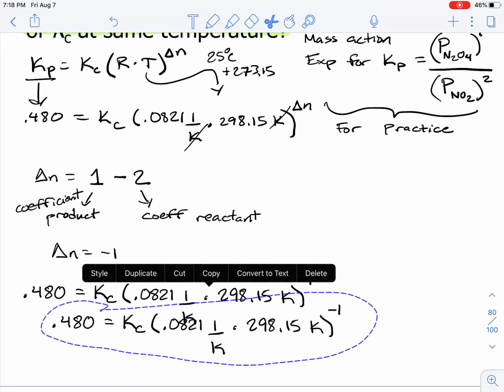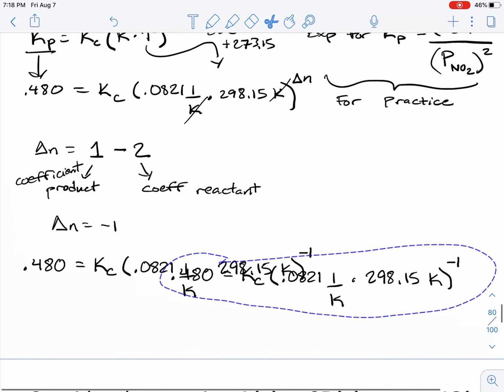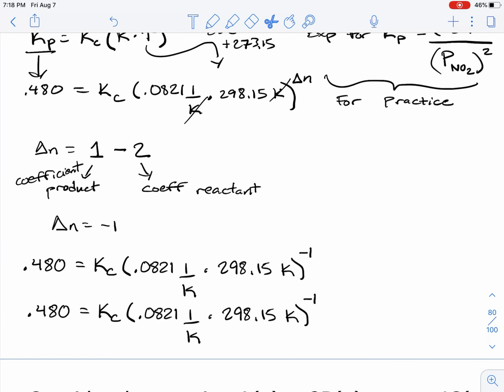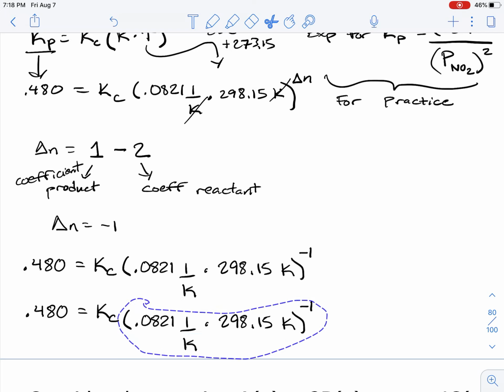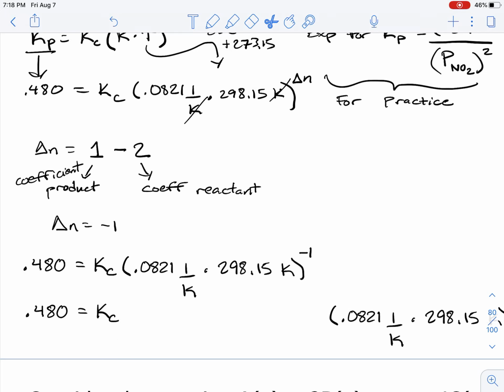So I'm going to go ahead and duplicate this, and I'm running out of room. That's okay. So Kc, what I'm going to do now is I'm going to take this guy and I'm going to move it to the other side.